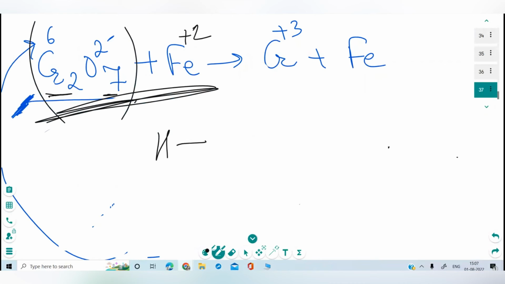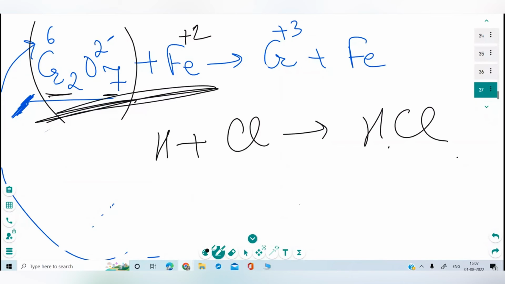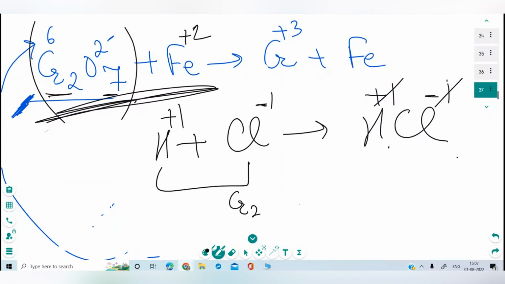Because when you write H plus Cl, when it gives HCl, it is +1, -1, and then when these two combine, this +1 and -1 gets cancelled. So that is what is happening here. Cr2O7 is -2, and this Fe is +2. So these and these get cancelled.